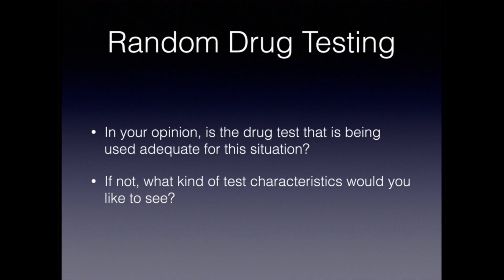Keep in mind that for a given test, there is an inverse relationship between the sensitivity and the specificity. So for example, if we were to make the test more sensitive, then we would necessarily be decreasing the specificity of the test. And vice versa, if we were to increase the specificity, then we would necessarily be decreasing the sensitivity of the test.